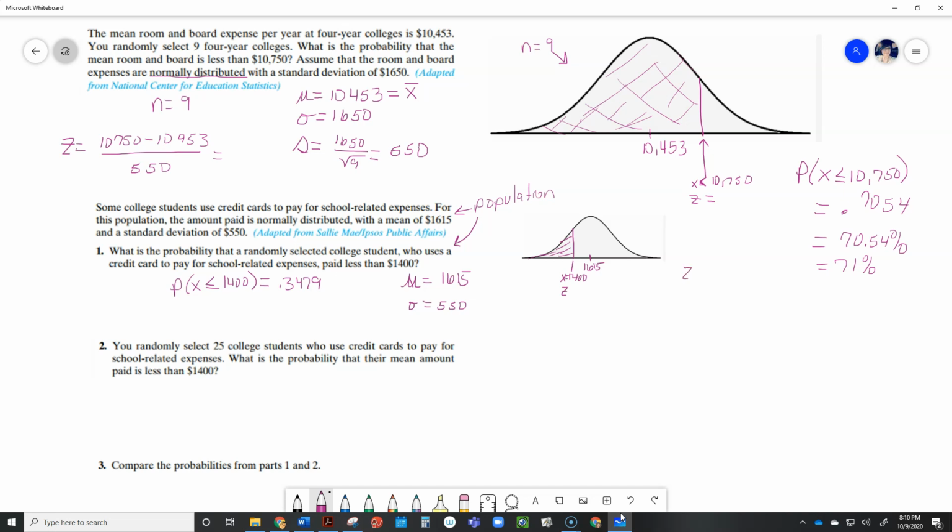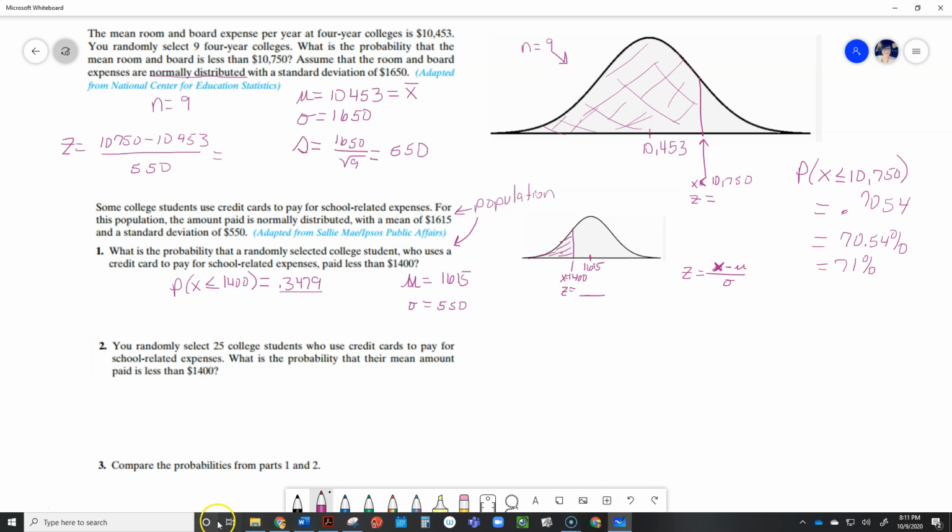You use the formula: Z is X minus mu divided by the standard deviation. So find your Z value, look it up on your table, and the area that you find on the table will be this right here. So you're going to get the same answer either way you want to do it.